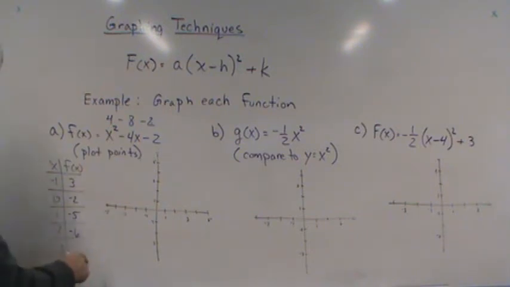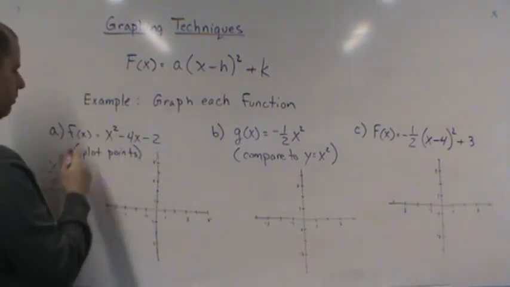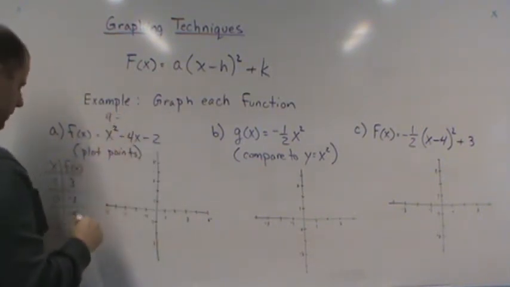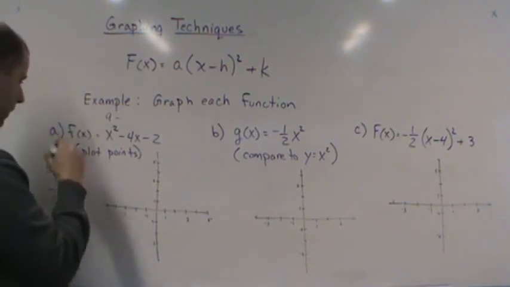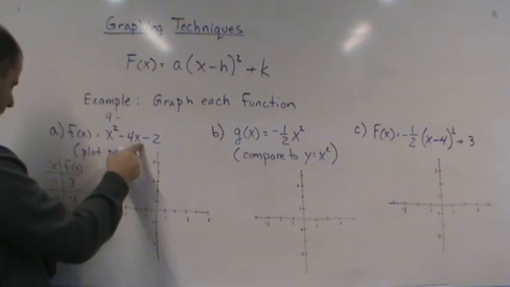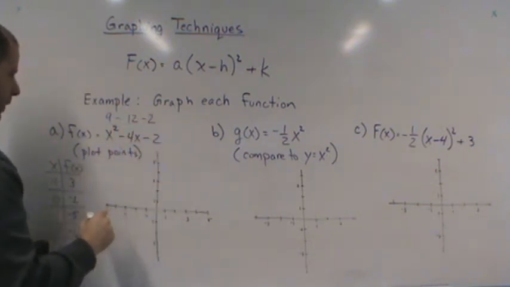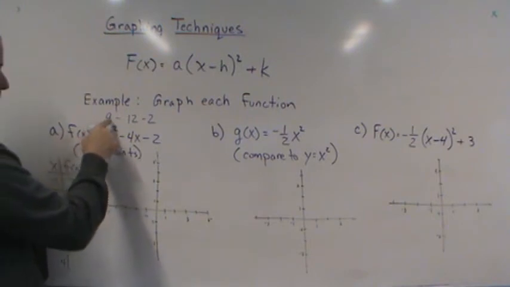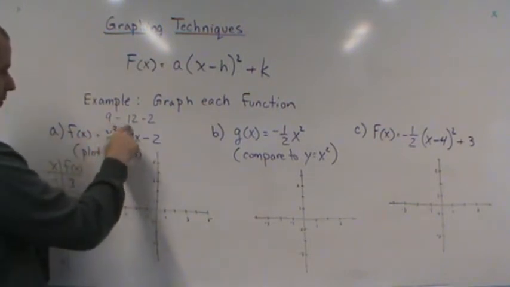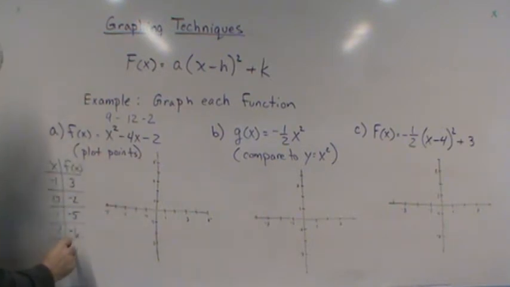And then 3. 3 squared is 9, minus 4 times 3, which is 12, minus 2. So we get 9 minus 14, which is a negative 5.